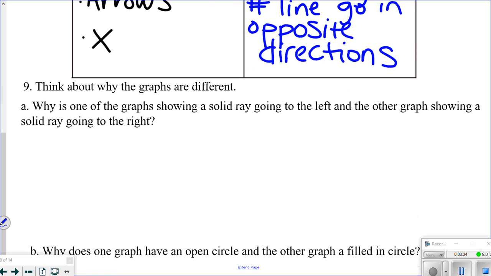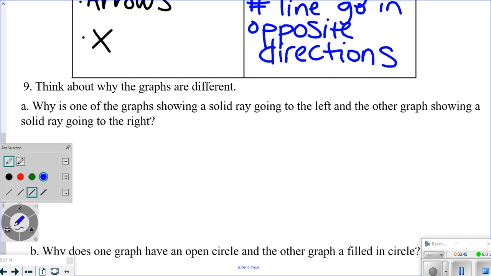Question 9, I want you to pause and think about why the graphs are different and answer question A. Why is one of the graphs showing a solid ray going to the left and the other graph shows a solid ray going to the right?